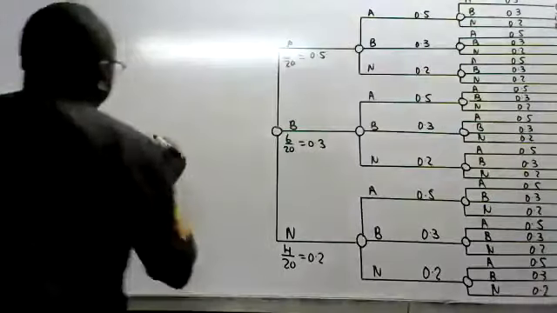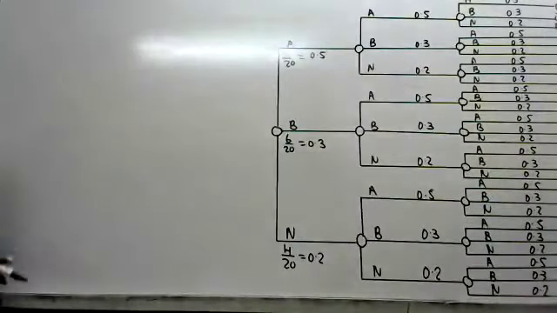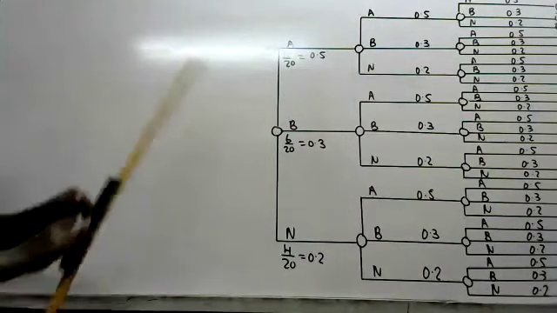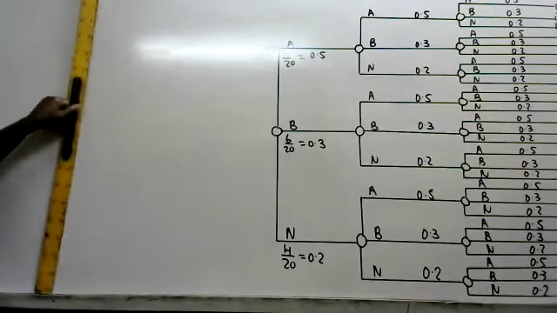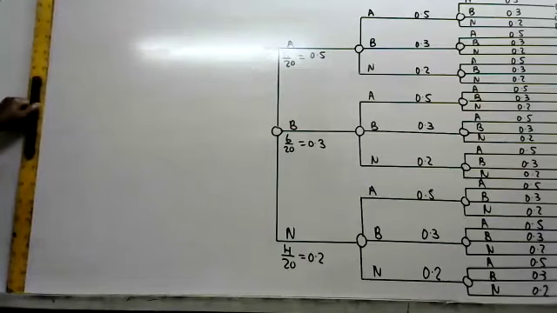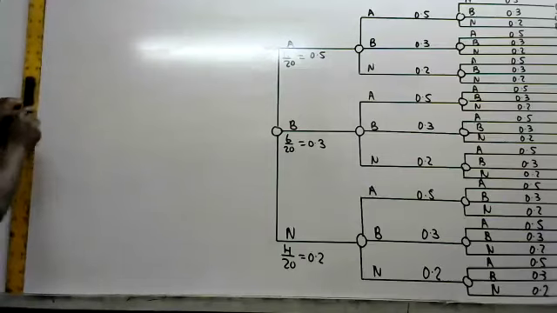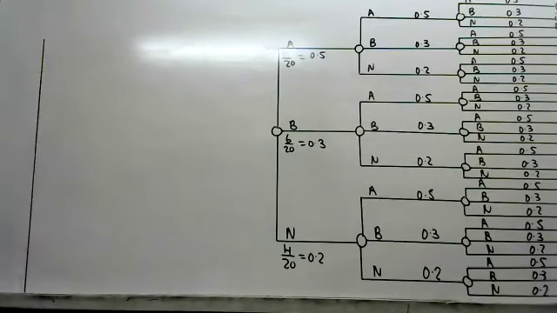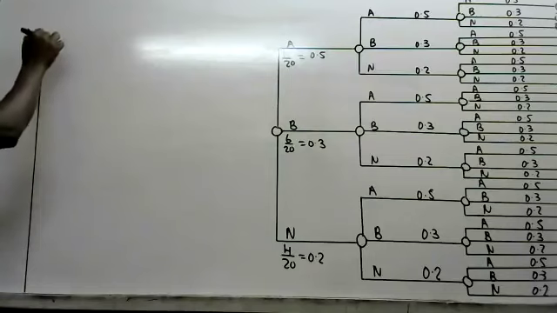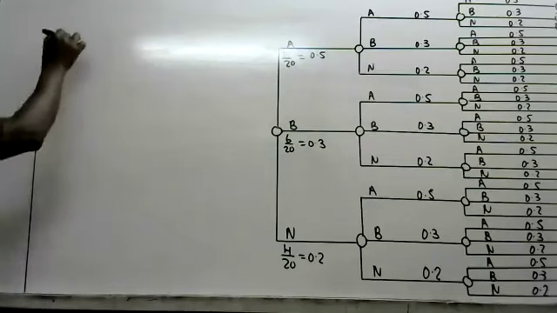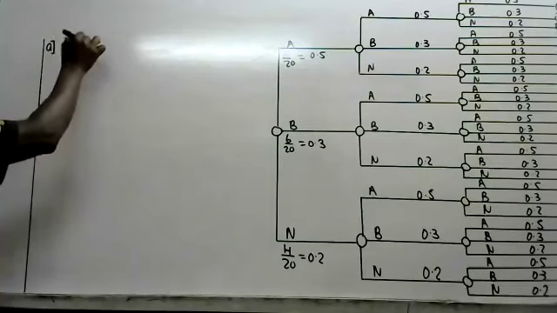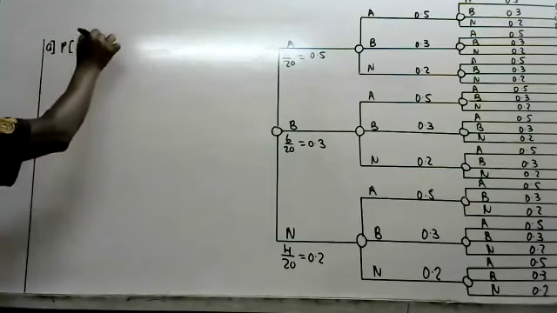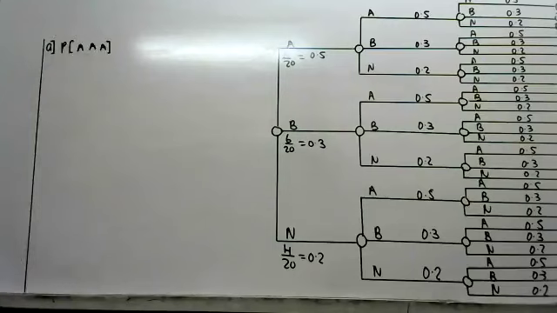We are looking for the probability that A gets the first, gets the second, and gets the third one.